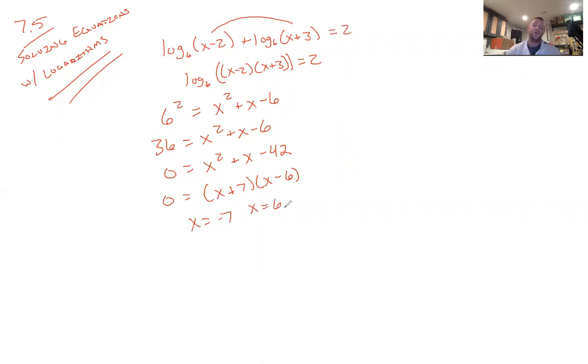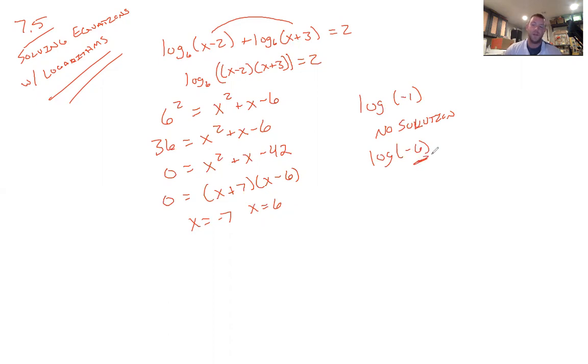Now, what you're going to have to do, especially when solving for variables that are inside a logarithm, notice that if you typed log of negative 1 in your calculator, this would say no solution. It does that for log of negative 6, log of negative 5, and so on.